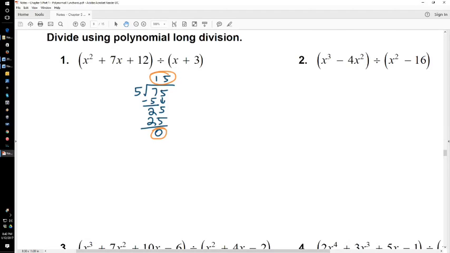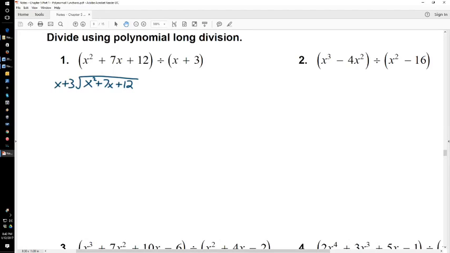For this, we're going to be doing the exact same thing, except with polynomials. So let's see here. Erase all that. Basically, we are doing this piece right here, x squared plus 7x plus 12 divided by x plus 3. Now, you may be thinking, how do I think of what to multiply this by to get it to multiply into all that over there?